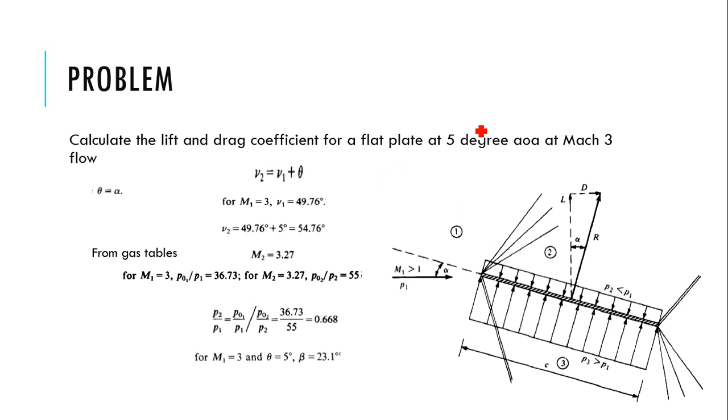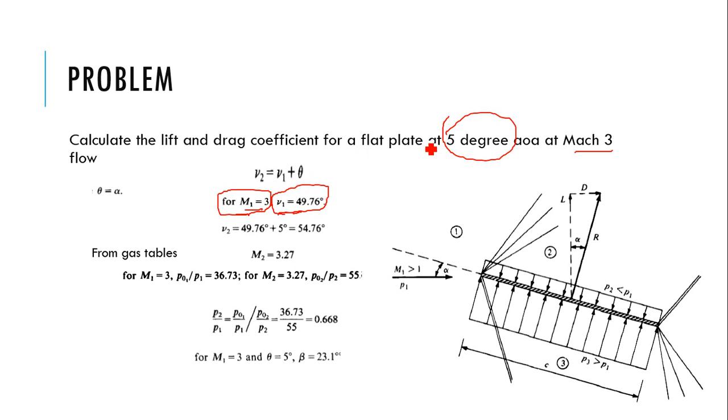So first they have given a flat plate with the angle of attack of 5-degree. So theta will be 5-degree, and the Mach number M1 is 3. For this M1, from the gas table we can find this V1.